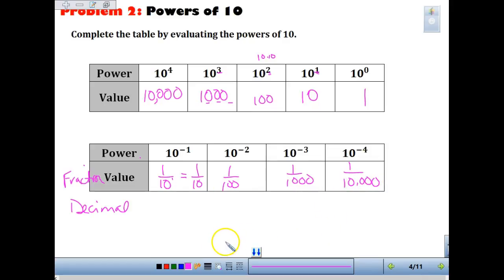What do those decimals look like? So right now we want to put the decimal equivalent to those. So I should have, Brett, 1/10 being 0.1. Chloe, if I'm looking at 100th, I should have 0.